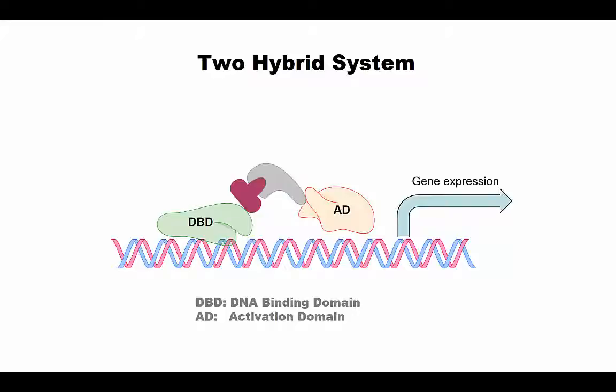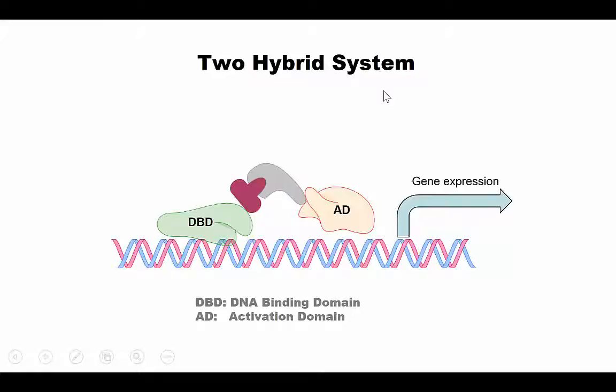So if gene expression generates color or fluorescence, this is your readout to see whether protein A and protein B bind to each other or not. Do you follow me? Utilizing this system, you have two partners hybridized together, and then you can read out. This system is called a two hybrid system.